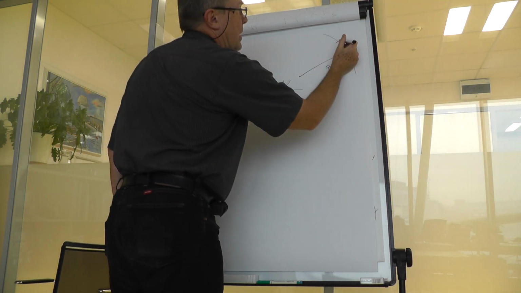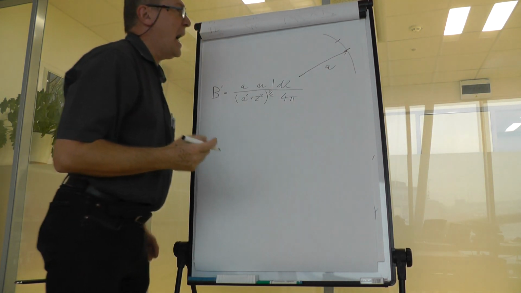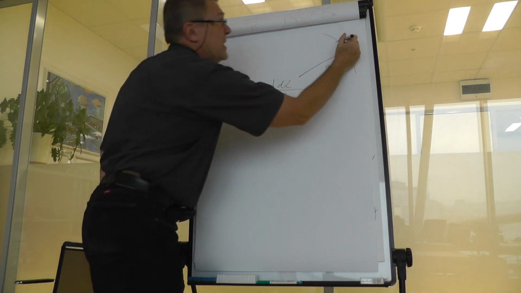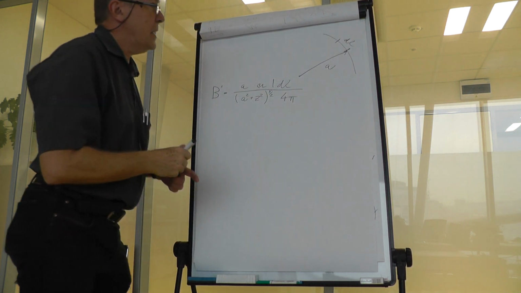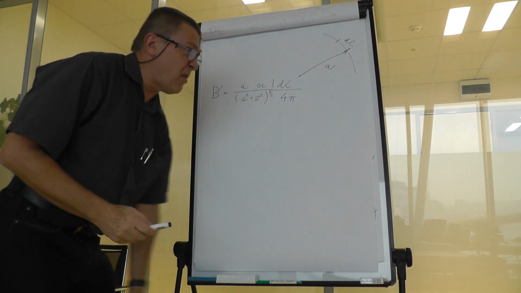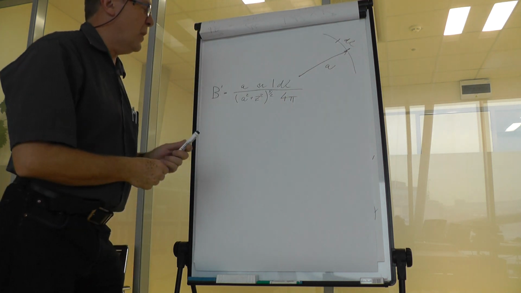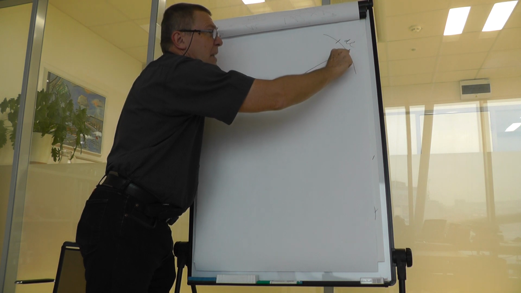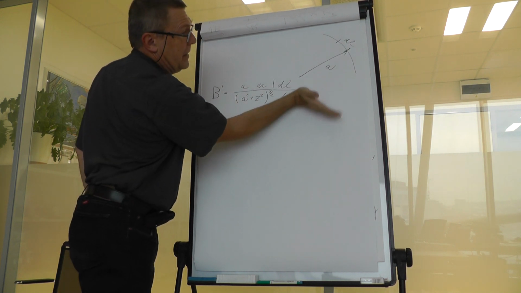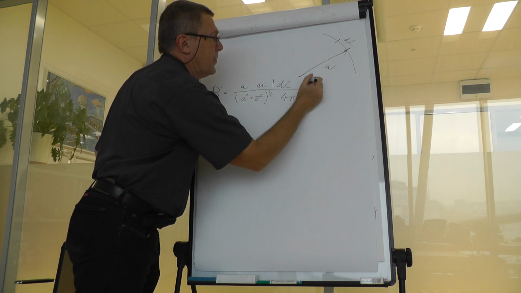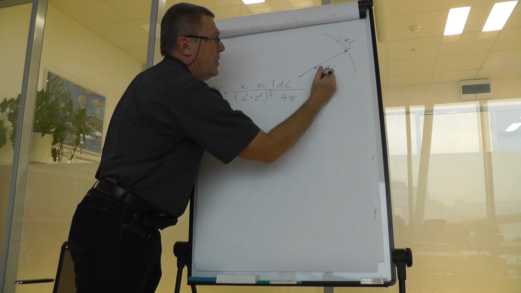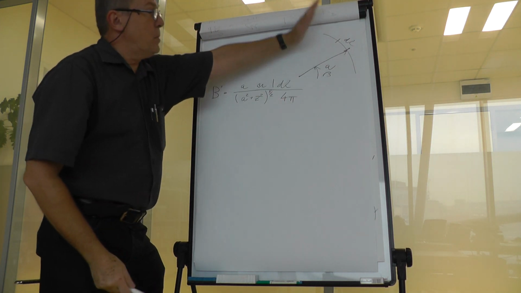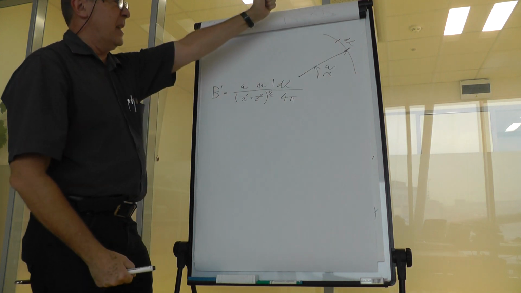We have here some length of the element, the dl. If we want to carry out the integration around the ring, we would have to find out the relation of dl to the angle. We have already used alpha, so to the angle beta, against which we would make the integration just around the ring.